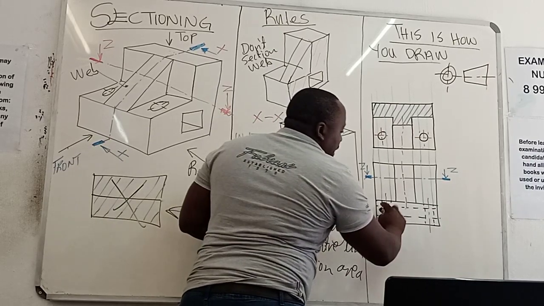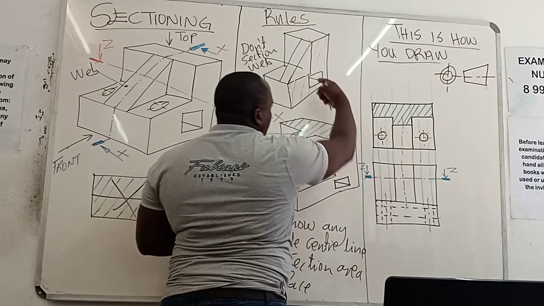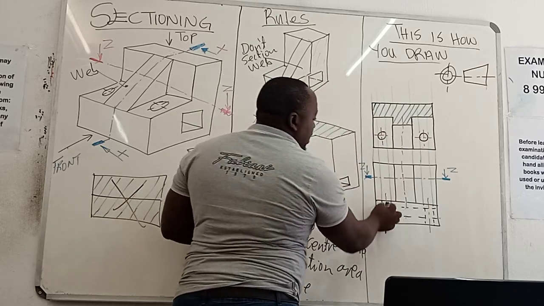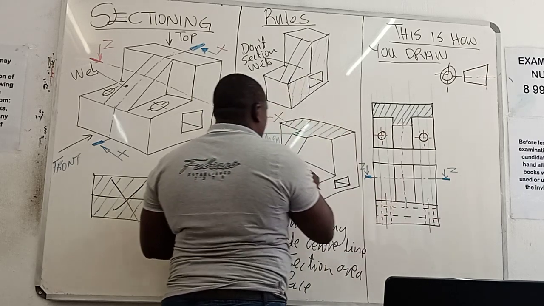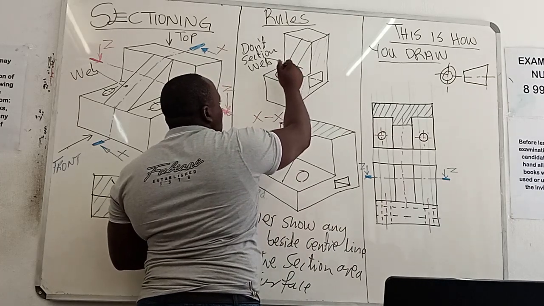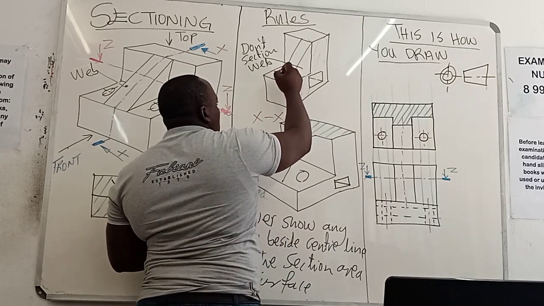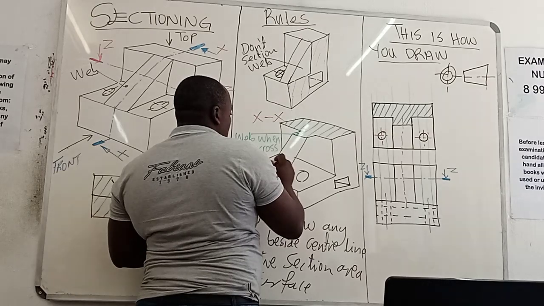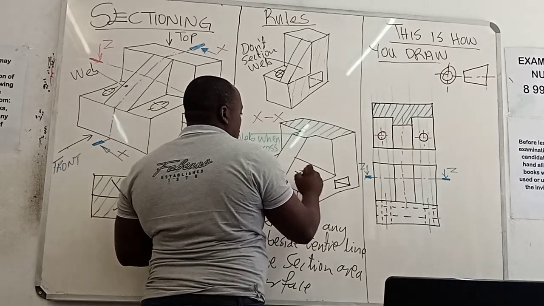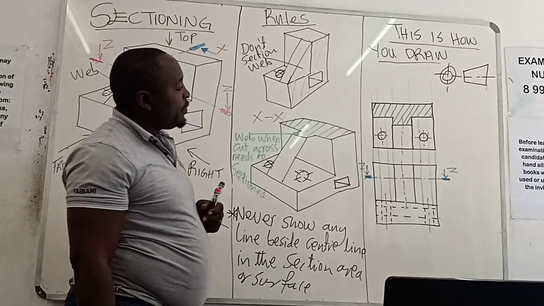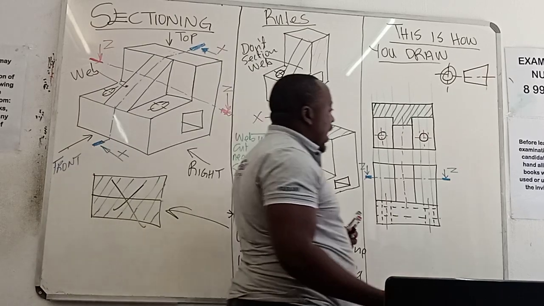So this one represents this, and these dashed lines represent these holes. Okay? Now the right view.